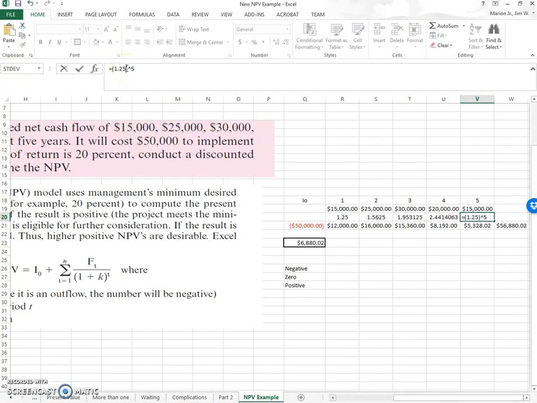If we drive it down to 0, we know that that's the IRR. Okay, we still have a positive NPV, so now I'm just going to bump this up to 30%, and let's see where we're at. We know that 35% went negative, so 30% I imagine is going to be close to 0.